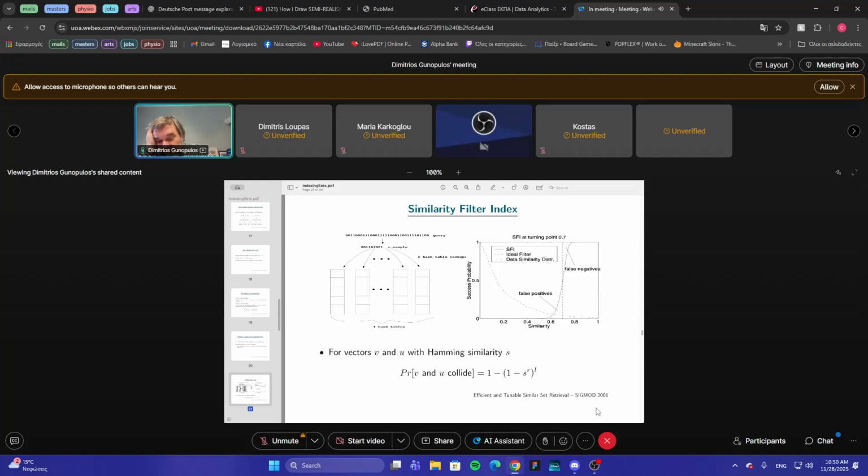Any questions so far? This is not an easy concept, how this indexing method works. Does anybody have a question?